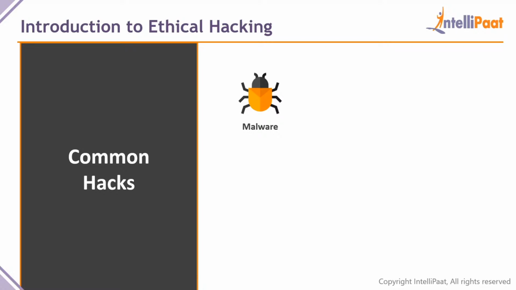They might replicate a lot of files, delete files, replicate directories and whatnot. Then you have more privacy-encroaching hacks like spyware, which are basically keyloggers or webcam monitors that can monitor the webcam activity or the keystrokes that you're putting down on your keyboard.